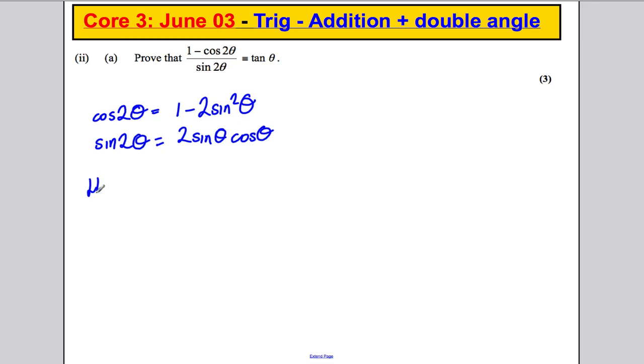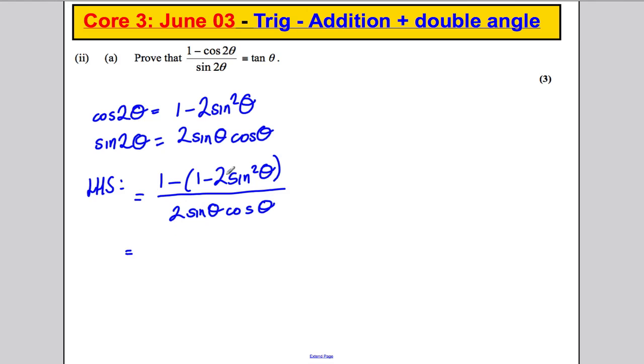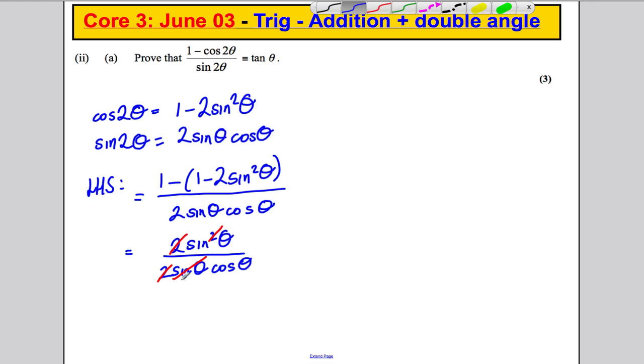So therefore the left hand side, substituting this in, would be 1 subtract 2 sine squared theta, all divided by 2 sine theta cos theta, which would therefore be equal to 2 sine squared theta over 2 sine theta cos theta. The 2's would cancel. That sine squared is sine times sine. One of the sines would cancel, and you would get sine over cos, which, as you were looking for, was tan theta, which is the right hand side.